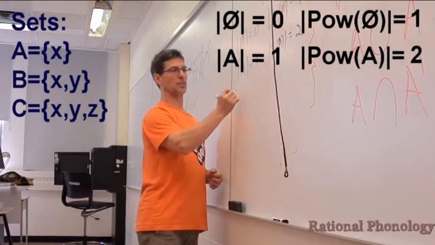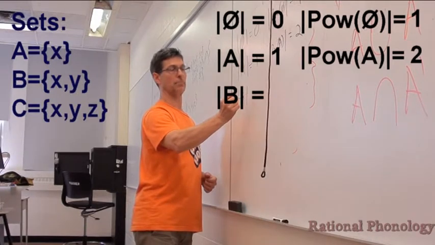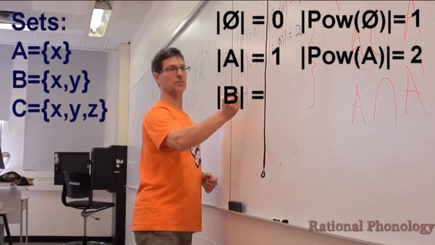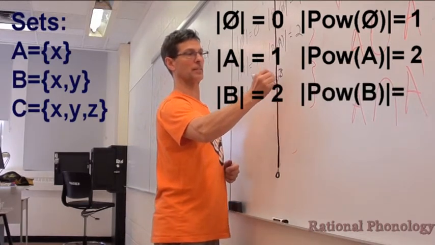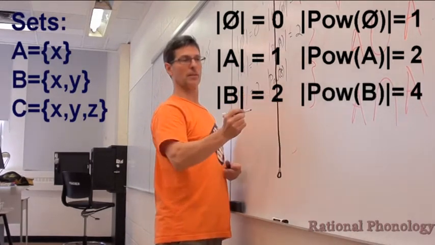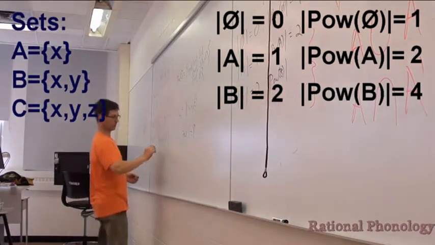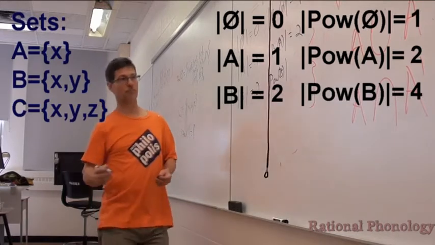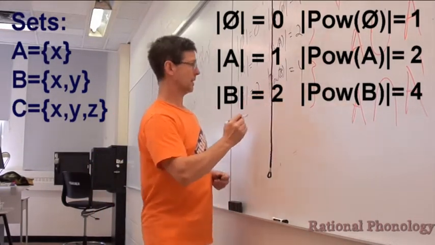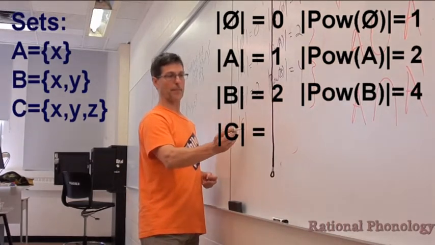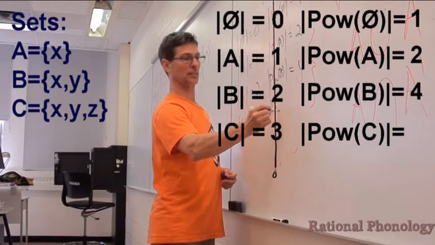What's the cardinality of B? 2. It was X, Y, right? What's the cardinality of the power set of B? 4. What's the cardinality of C? 3. And what's the cardinality of the power set of C? 8.